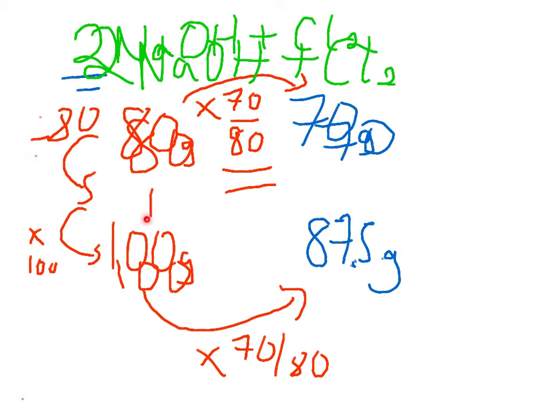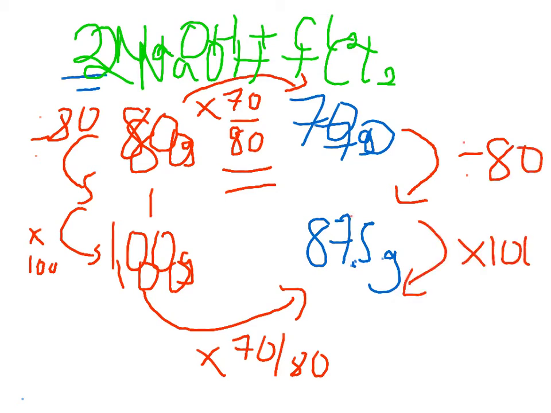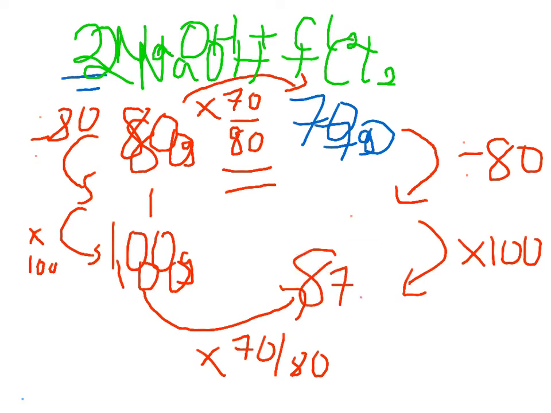So we divide everything by 80, get to 1, times it by 100, you get to 100. And do the same thing to this side. Divide it by 80, and then times by 100. You'll end up with exactly the same answer as before, which was 87.5 grams.